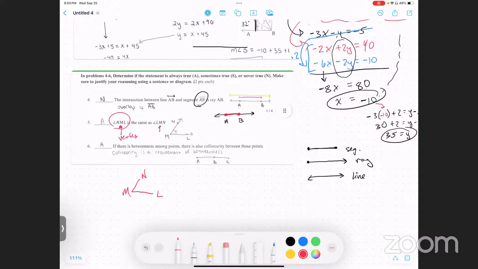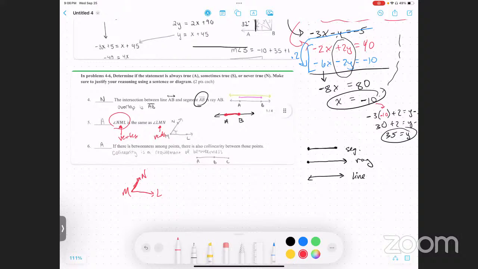So what's the vertex for both of these? M. And does it matter which side you start on, N or L? It doesn't matter. So what's the answer? It's always true that they are the same.